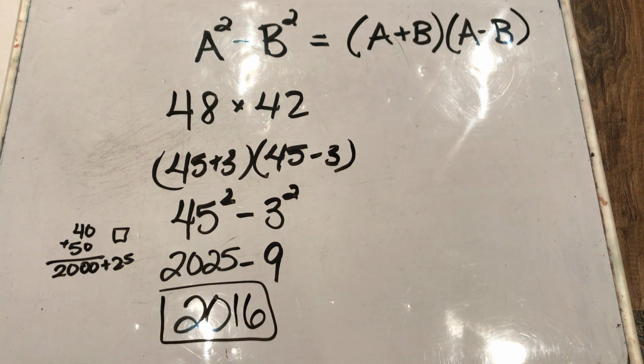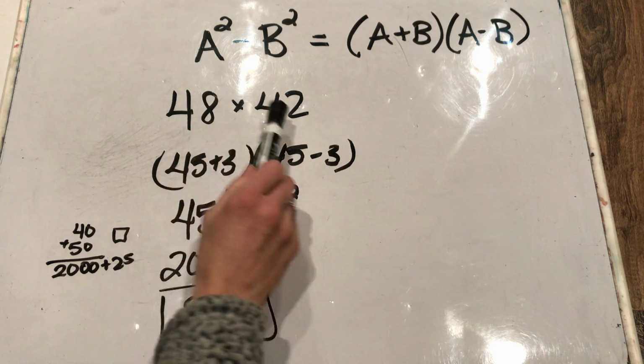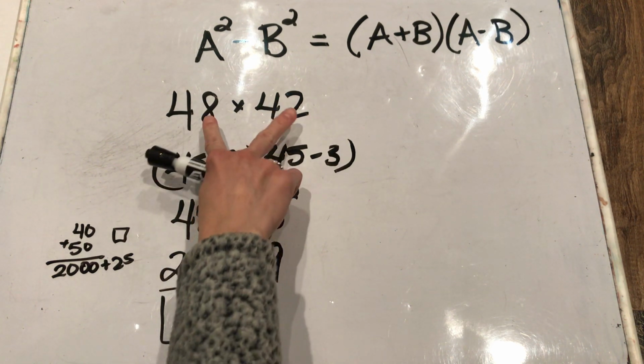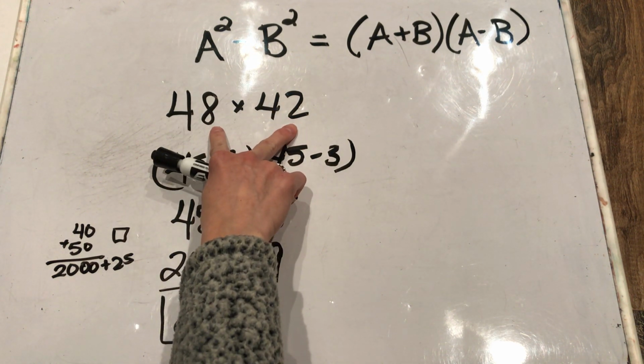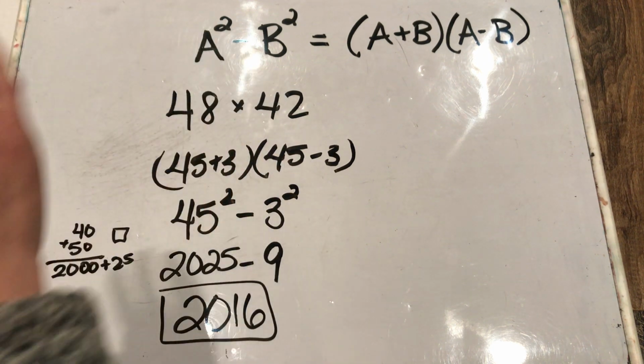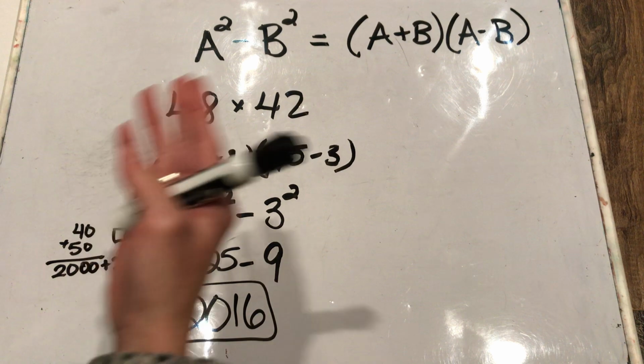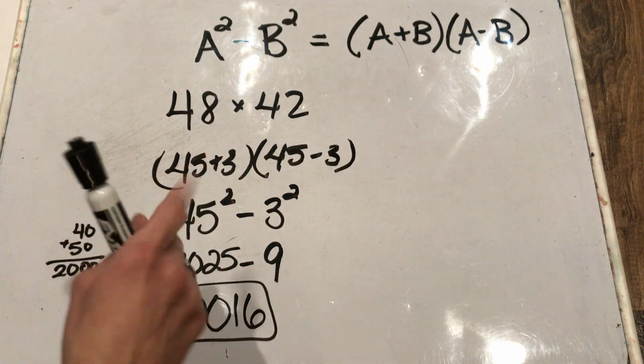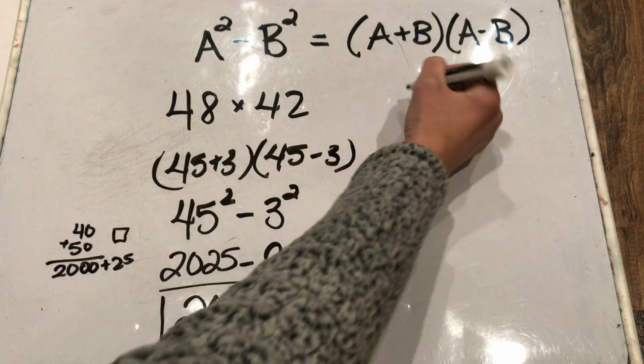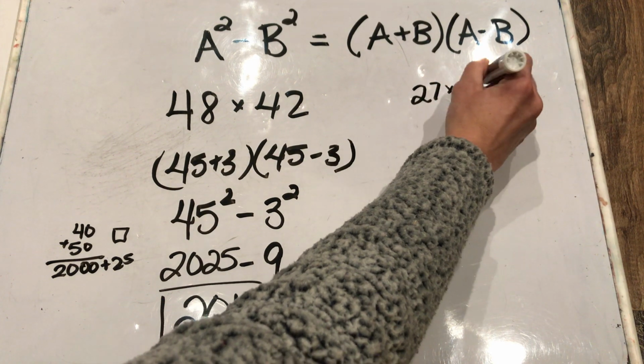So the squaring numbers ending in 5 plus the difference of squares method works when the tens place is the same. This is 40 and this is 40. And then if we can add these two numbers up to 10, that means that they're going to be on either side of 5. So 45 plus 3 and 45 minus 3. The last one we did was 27 times 23.